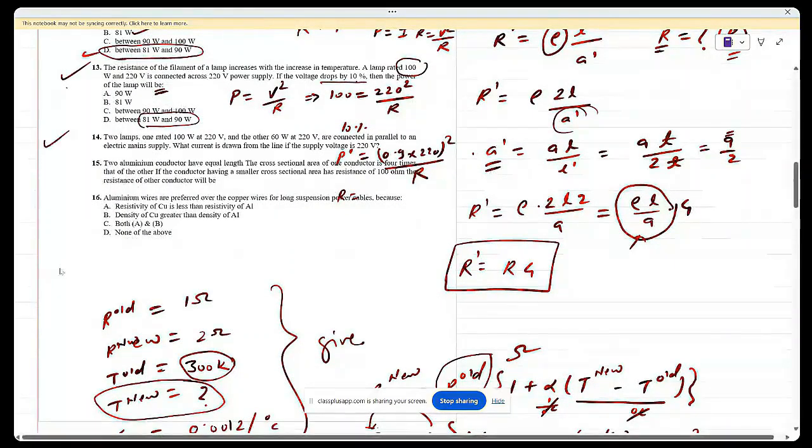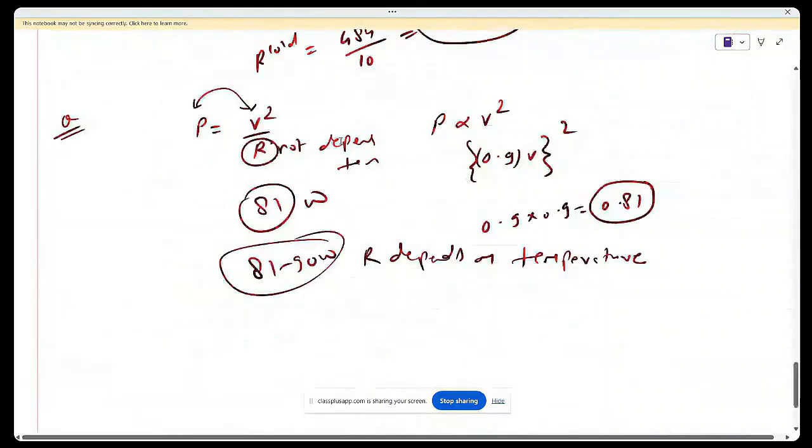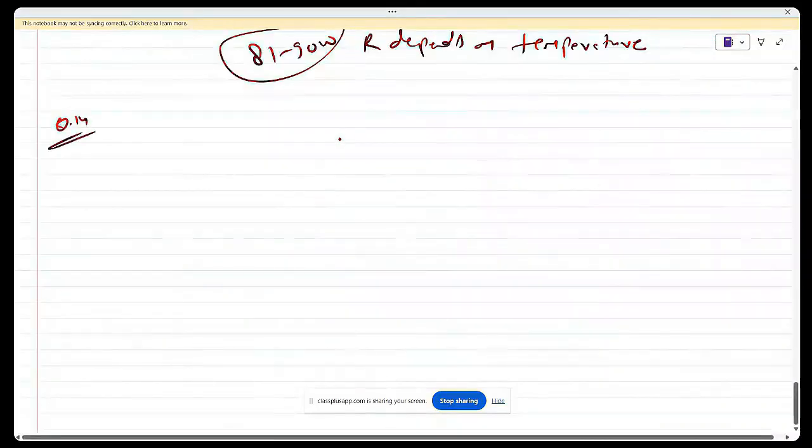Two lamps, one rated 100 watt, 220 volt, and the other 60 watt, 220 volt, are connected in parallel to the supply. What current is drawn from the supply? Okay, no problem. So I will draw the figure for this question number 14. Question number 14 is saying you have two bulbs.